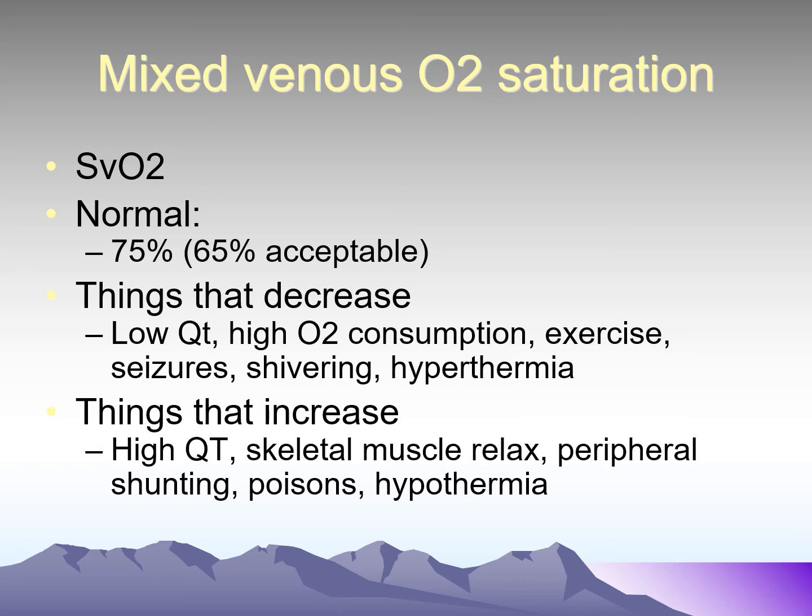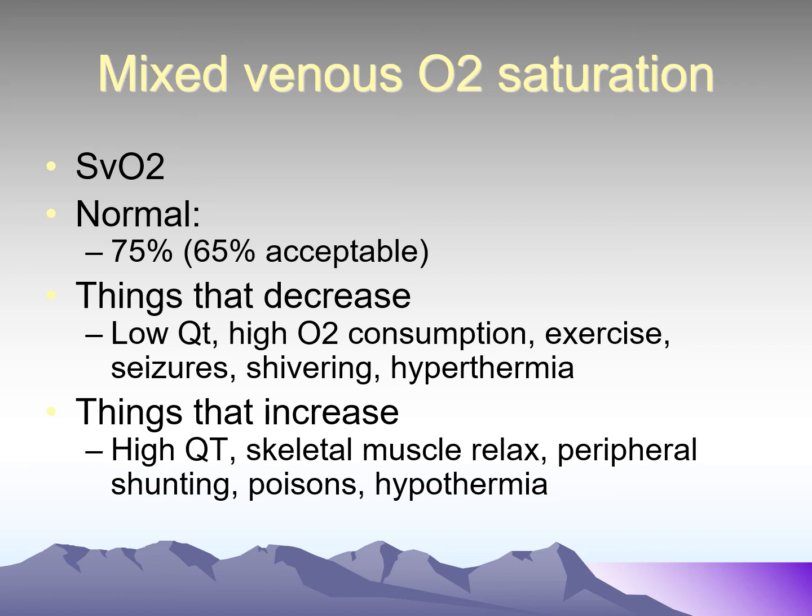So things that are going to decrease that number are things that actually increase your O2 ER, on my little shorthand here. So things that decrease the SvO2 are going to be the same things that increase your oxygen extraction ratio.